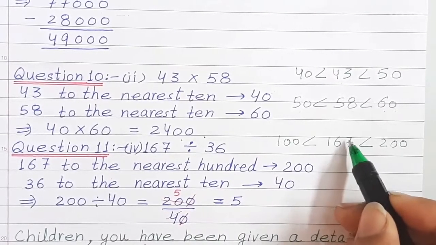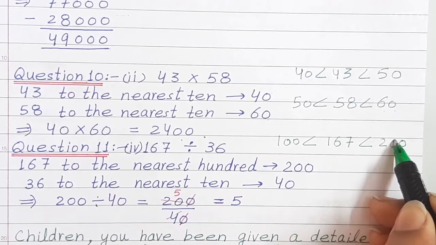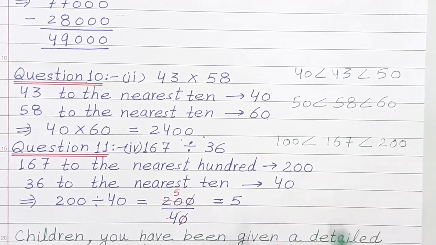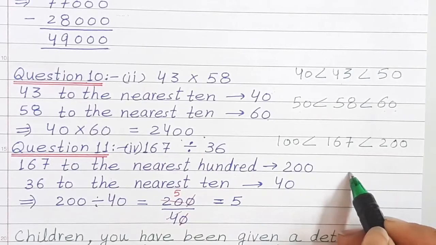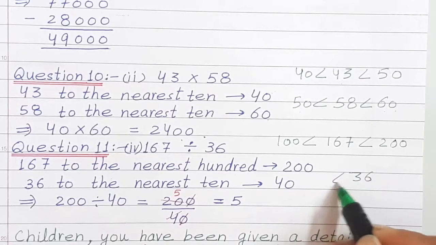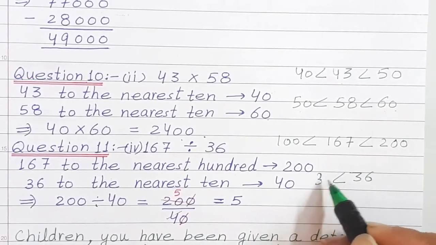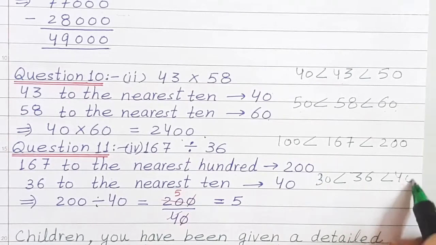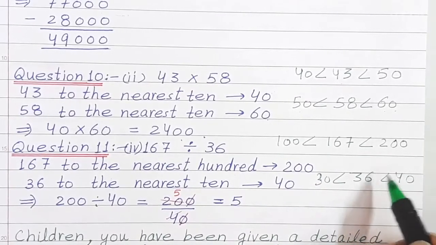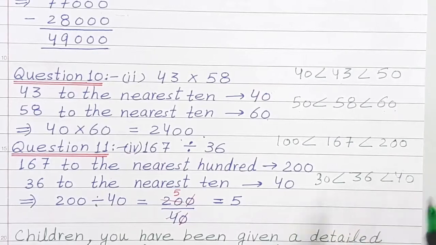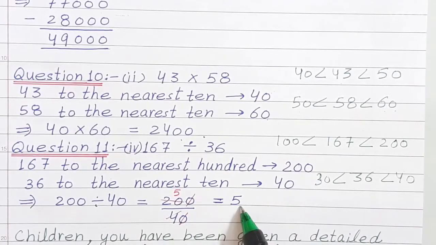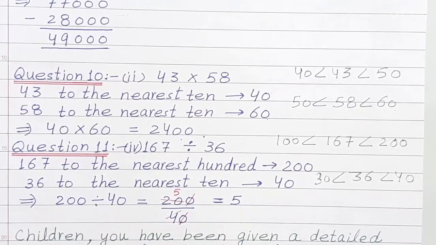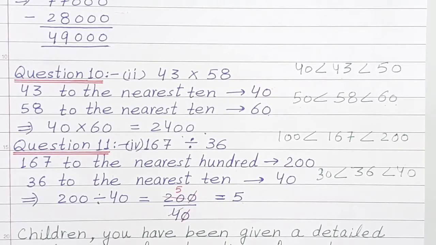So 167 is nearest to 200. Clear? And 36 is lying between 30 and 40. So it is near to 40. So 200 divided by 40, the answer is 5. Is it clear to you?